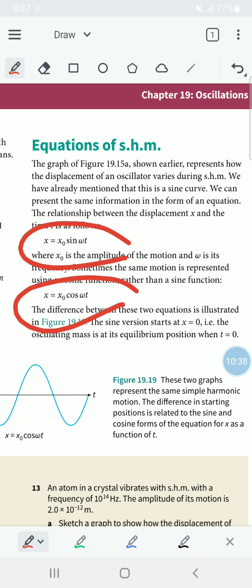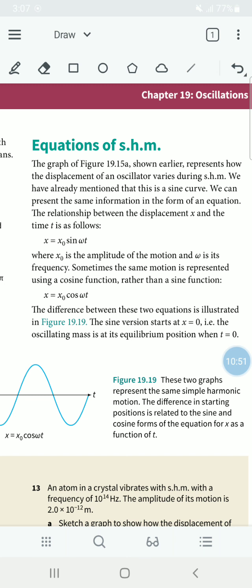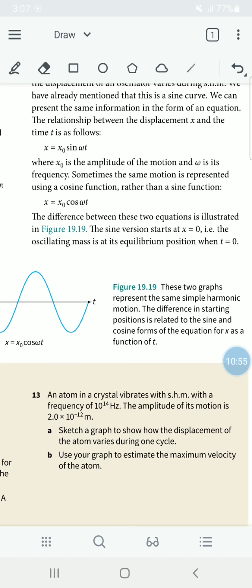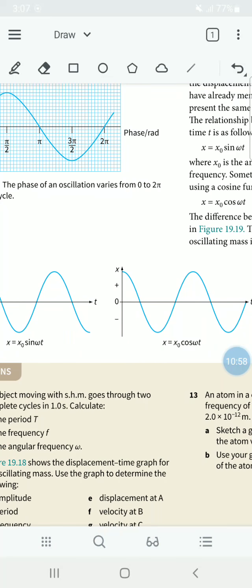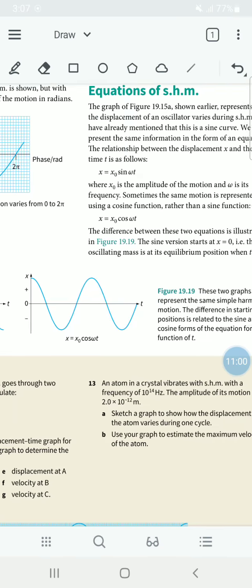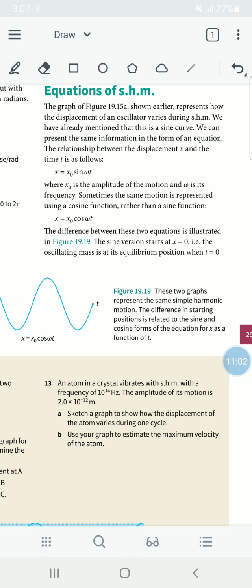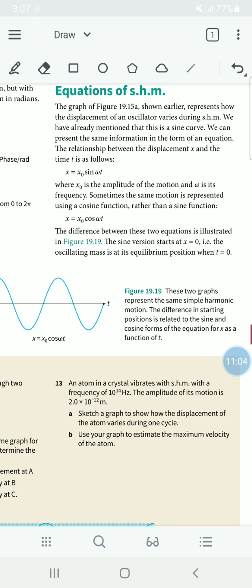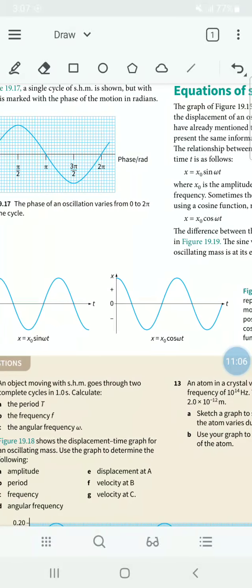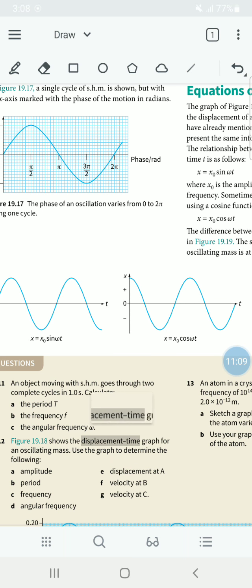Next line, omega is its angular frequency and t is time. The two equations vary as follows. Leave a line and write.